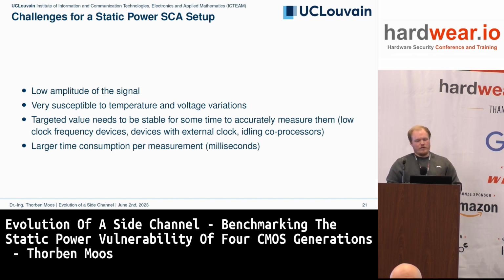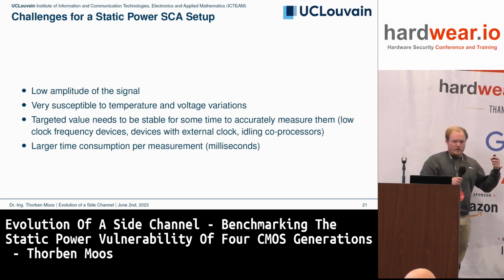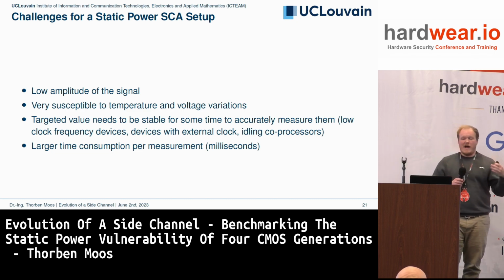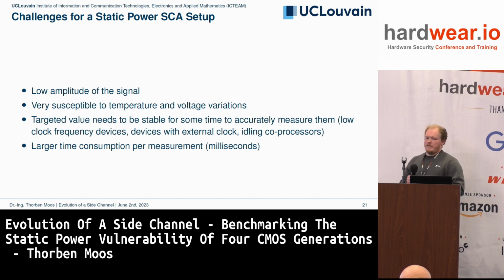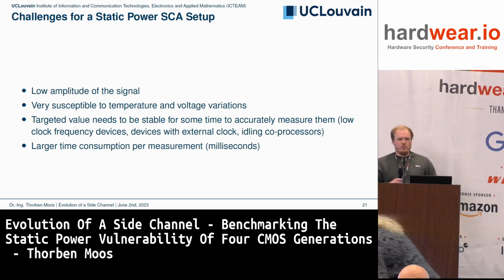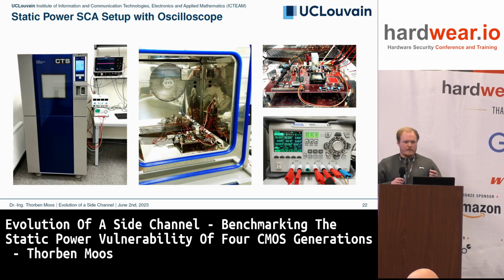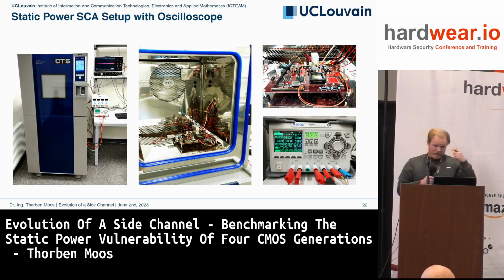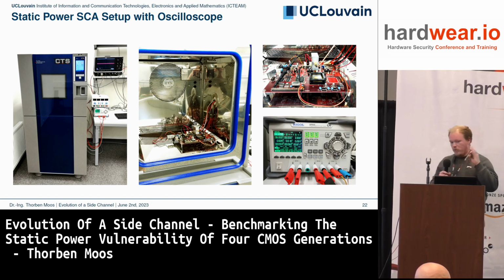This last option, of course, also allows different effects like clock glitching and whatnot. In total, the time consumption per measurement is significantly higher. You need milliseconds instead of the few microseconds that you would need for getting a dynamic power trace.